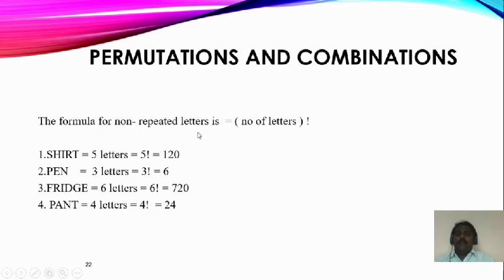So the formula for no repeated letters is number of letters factorial. PANT has 4 letters, so 4 factorial. 4 factorial means 4 into 3 into 2 into 1, that is equal to 24. So the formula for non-repeated letters is total number of letters factorial.